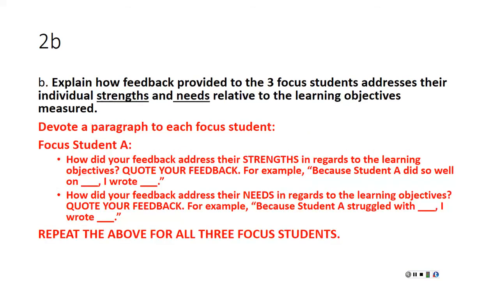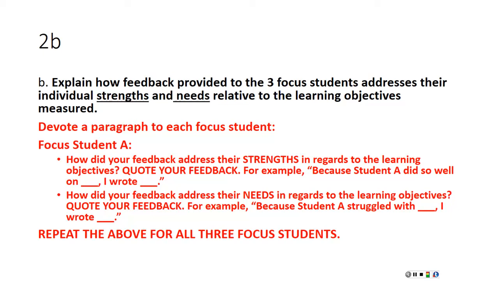2B, explain how the feedback provided to the 3 focus students addresses their individual strengths and needs relative to the learning objectives measured. So you're going to now focus, you're going to have 3 paragraphs again, but this time it's going to be 1 paragraph per focus student. Devote 1 paragraph for each student.